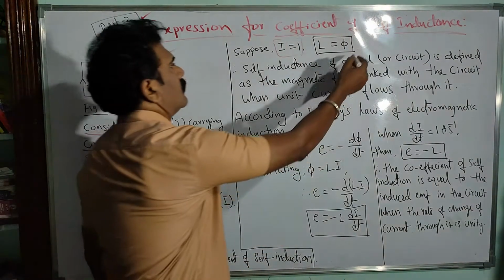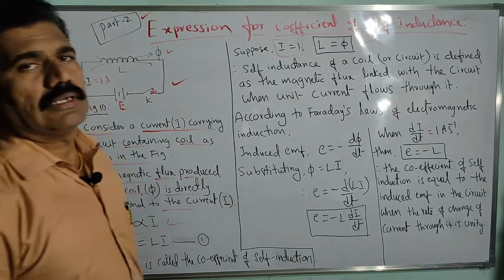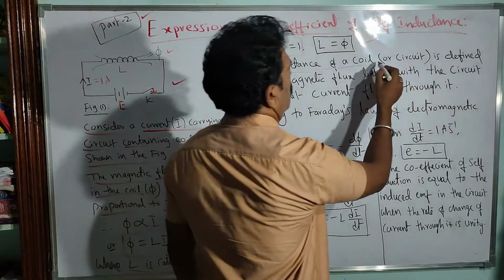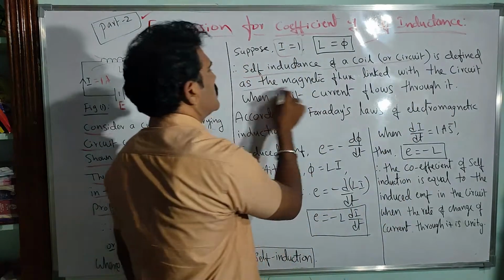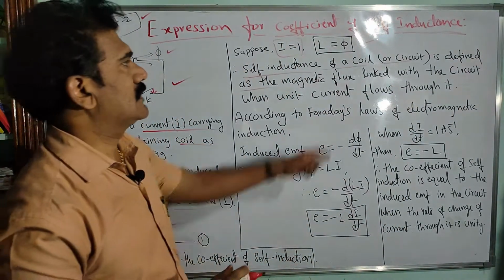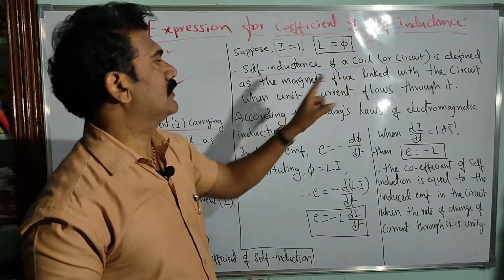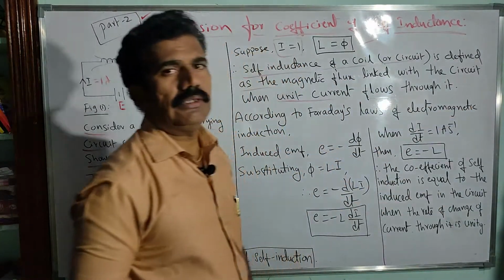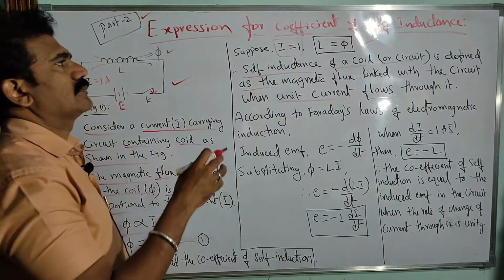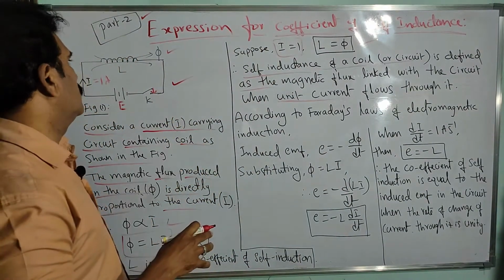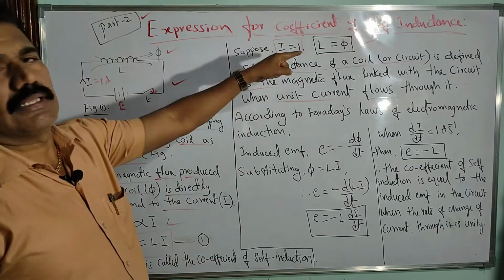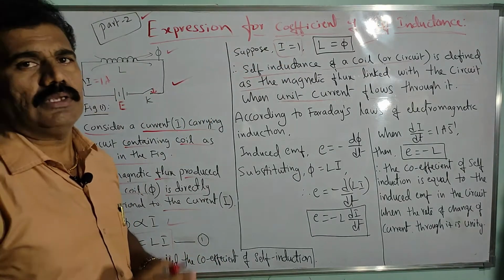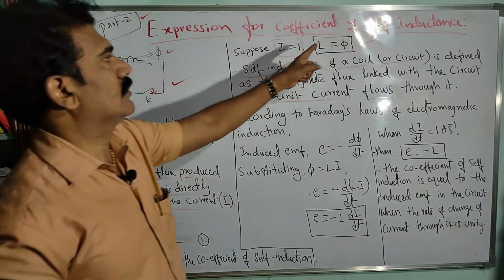So the self inductance of the coil or the circuit is defined as the magnetic flux linked with the circuit when unit current flows through it. The amount of magnetic flux produced in the circuit is equivalent to the self inductance only if we assume unit current is passing through the circuit. So L is equal to phi.